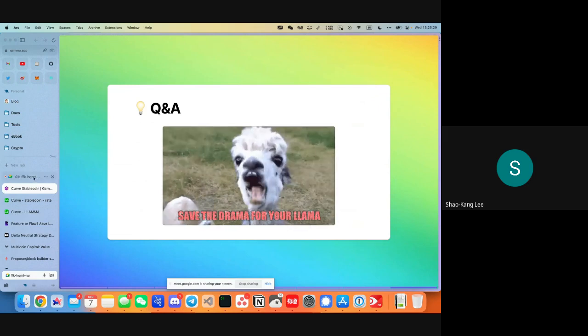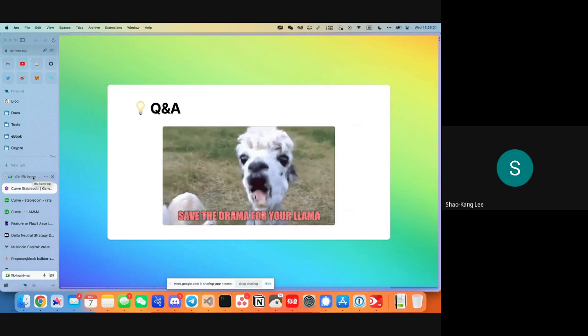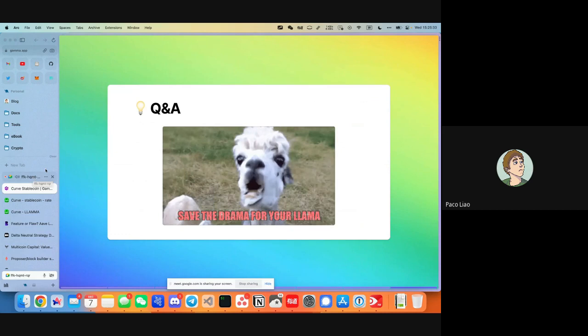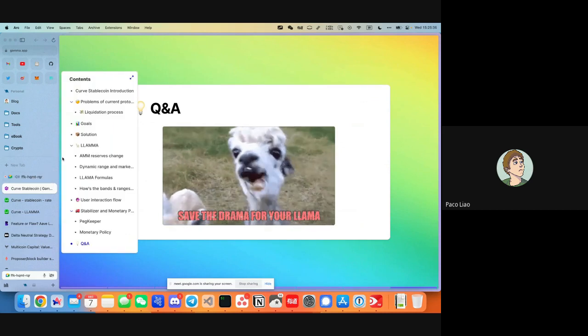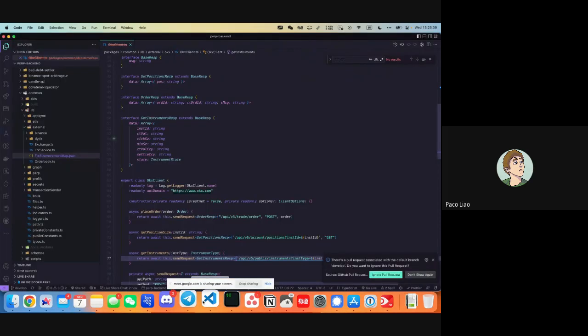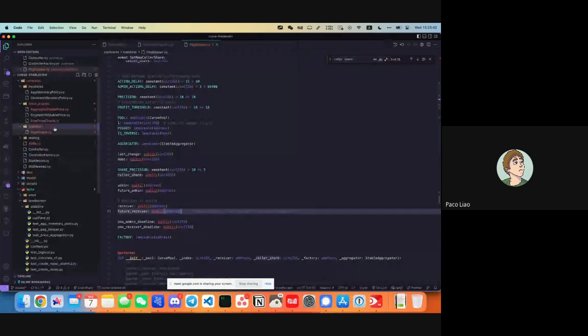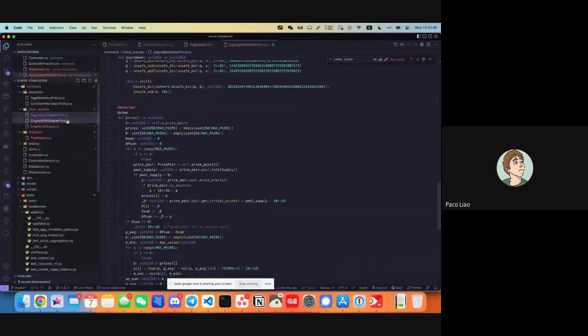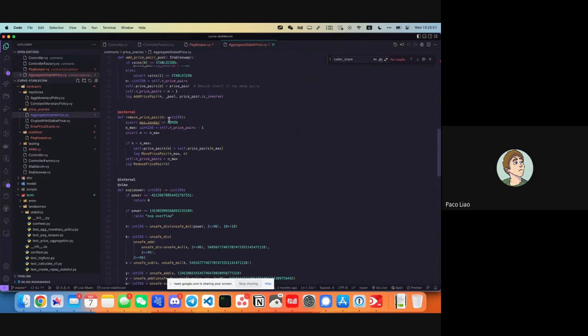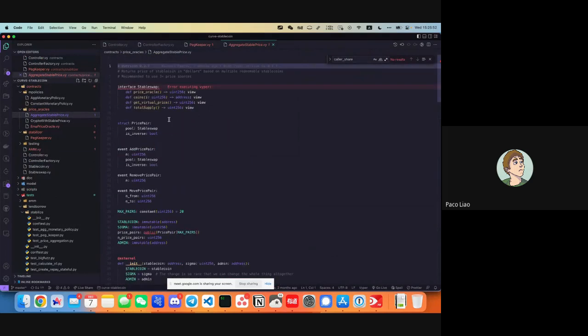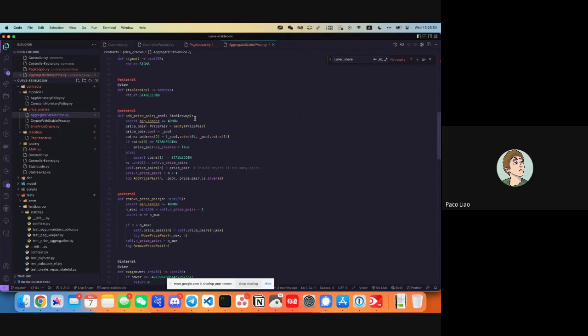So how do they get the external price? Do they use the Curve V2 price? I think for ETH they will use the Curve V2 price, and they have a price aggregate. So they may aggregate several price sources and aggregate the external price into a price oracle.